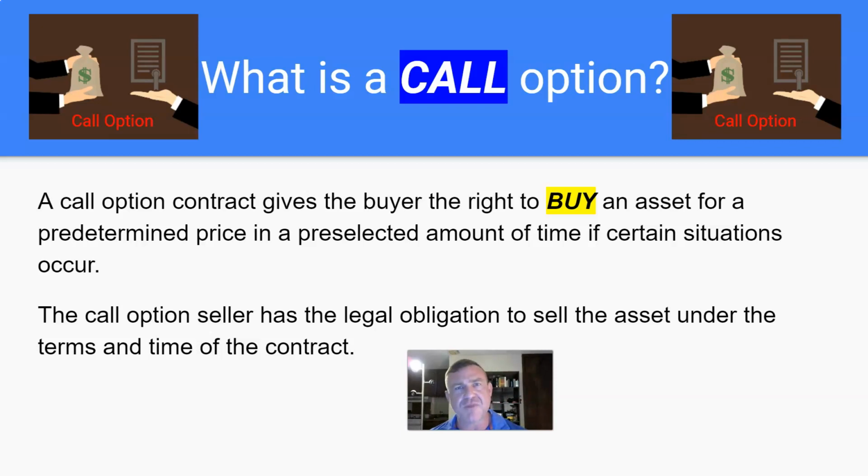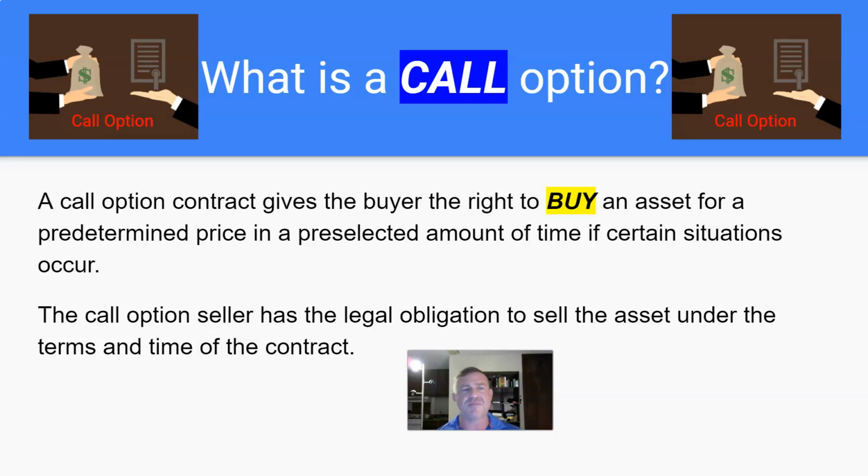When the seller takes that money, they are on the legal obligation side. And it's if certain things occur, and everything that is going to be done in this transaction is all predetermined. The price is predetermined. How long we're going to be in this contract is predetermined. What asset it's on is predetermined. And all the different conditions are predetermined.